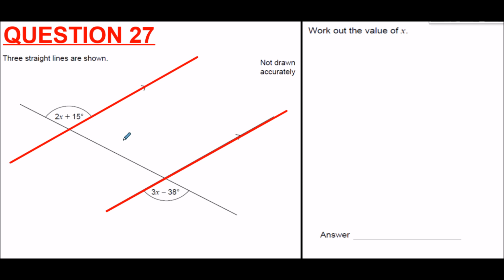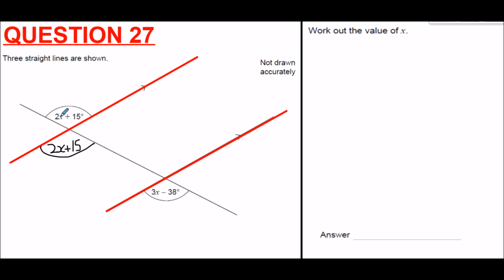Well, we can do this a couple of different ways really. What I'd suggest we could do is notice that if this is 2x plus 15, then the angle vertically opposite it will also be 2x plus 15. The reason is vertically opposite angles are equal.